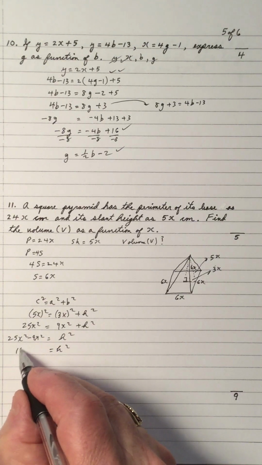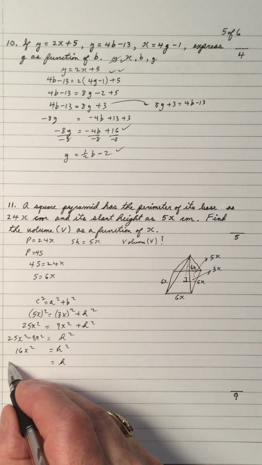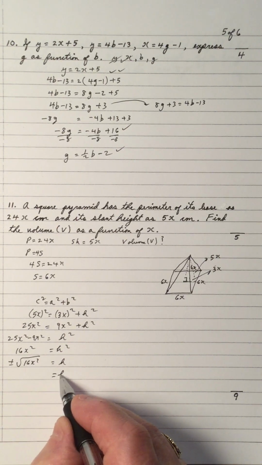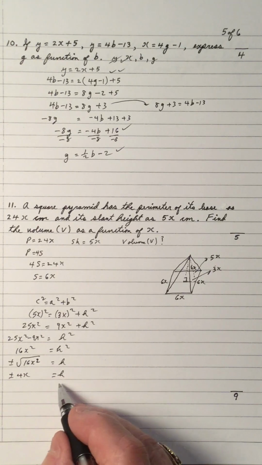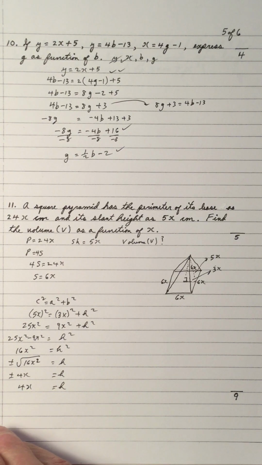H squared is 16x squared. So h is plus or minus the square root of 16x squared. So h is plus or minus 4x. The height can't be negative, so the height is 4x.